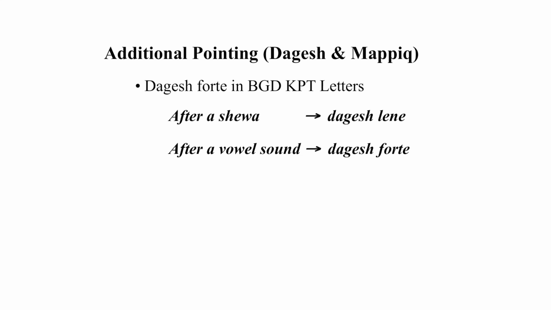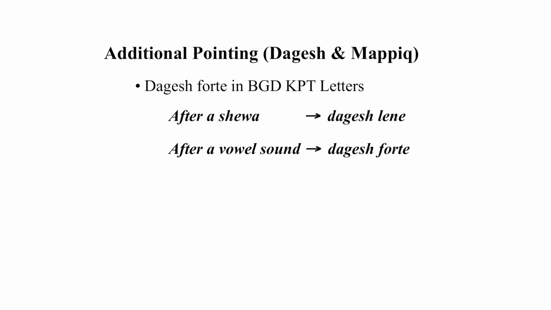But always make sure that you're looking at what precedes the letter with the dot in it. If it follows a schwa, it is a begad kefat dot. If it follows a vowel, it is a doubling dot. Those distinctions are very important.